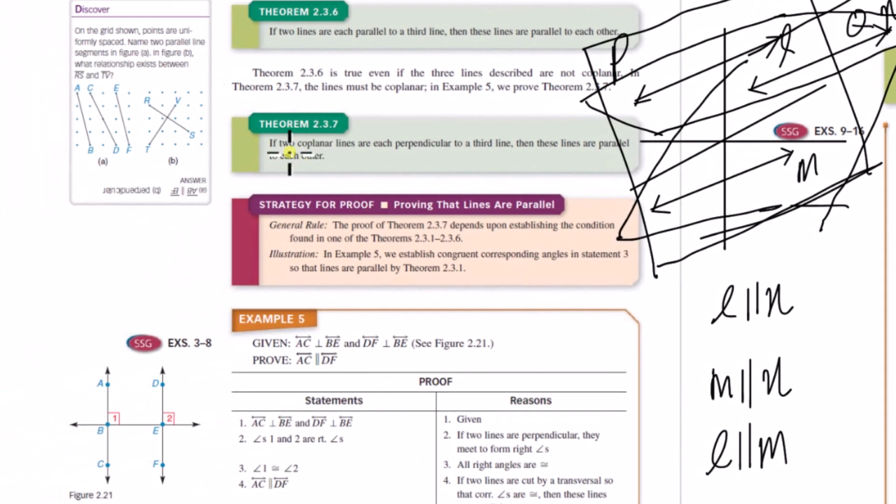Theorem 2.3.7: if two coplanar lines are each perpendicular to a third line, then these lines are parallel to each other. Okay, so if you've got two coplanar lines, but they're not the same line, and both of those are perpendicular to the same third line, then the two original lines must be parallel. That's interesting.